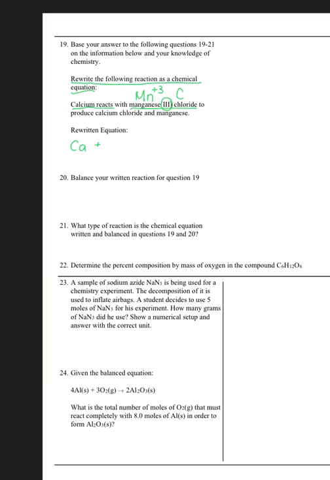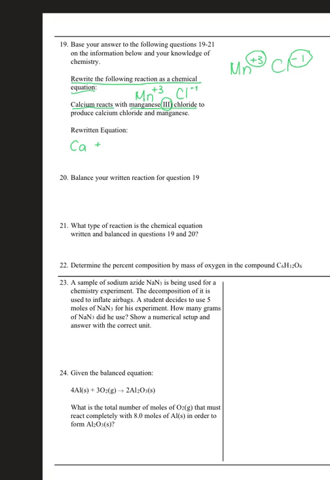And I have it bonded to, it says chloride, that means it's chlorine. And I use the oxidation number for chlorine, which is -1, in order to figure out how this metal and non-metal will bond together. So Mn +3, Cl -1. I need these charges to cancel to 0.